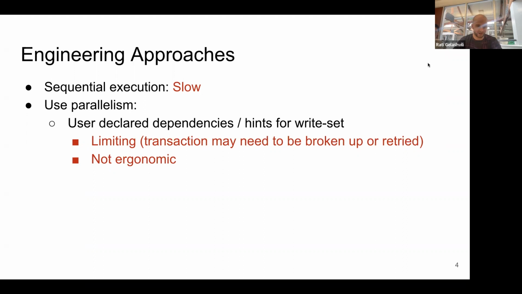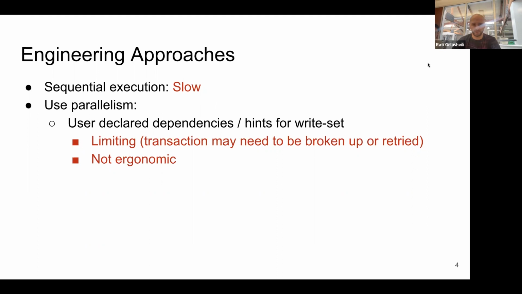But there are other approaches, and they tend to rely on user-declared dependencies. So there is a block containing a bunch of transactions, and usually there are hints about where these transactions are going to write. Mainly it's the writes, not the reads, and we will dive into this a bit more later. On a high level, the problem is that this tends to be limited.